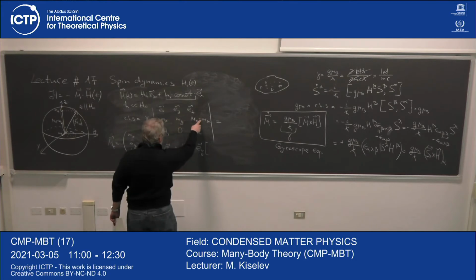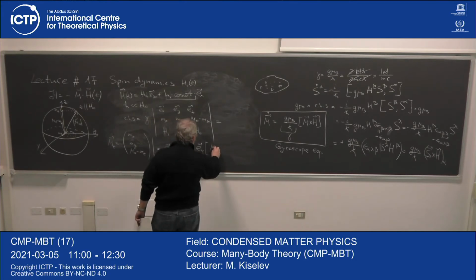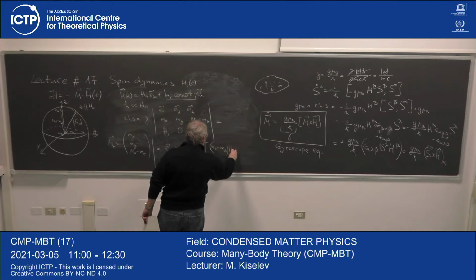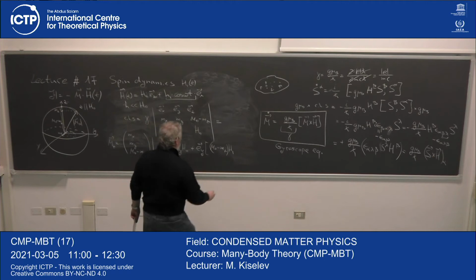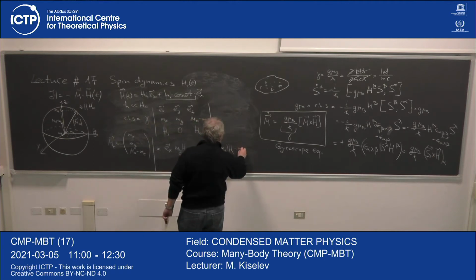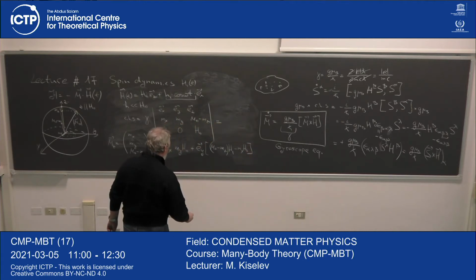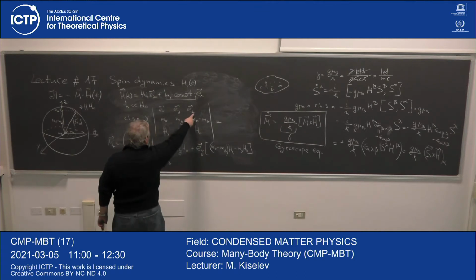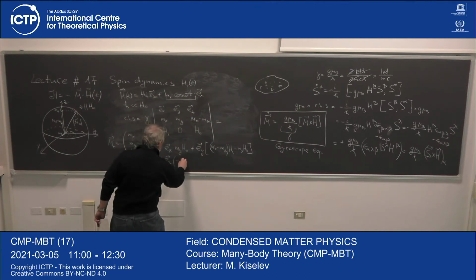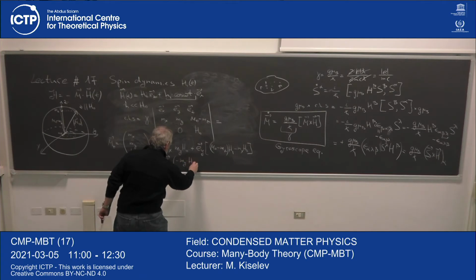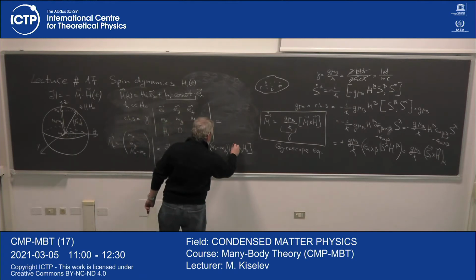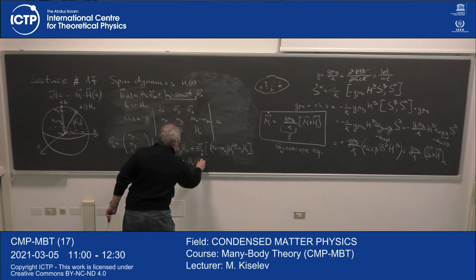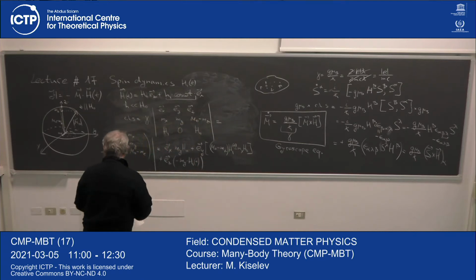Then I have a determinant, this M naught minus mz times H1 minus mx times H naught, and plus e_z times minus my times H1. So H1 depends on time, H1 depends on time. Okay, good.